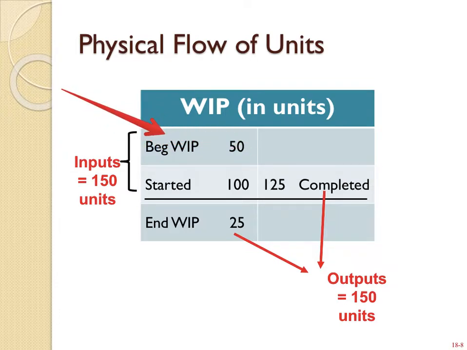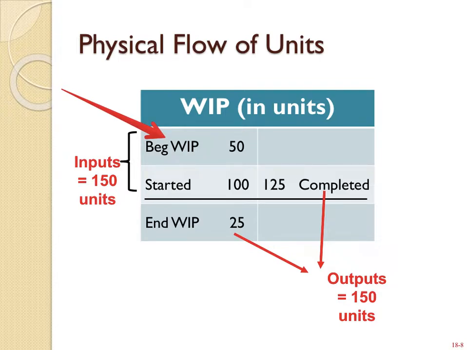That's the stuff we started last month but haven't finished yet. In this case, there were 50 units that we started last month that we didn't finish. That becomes our first input for the current month.